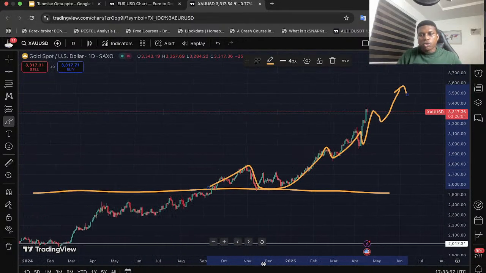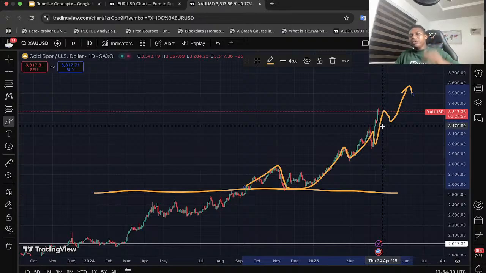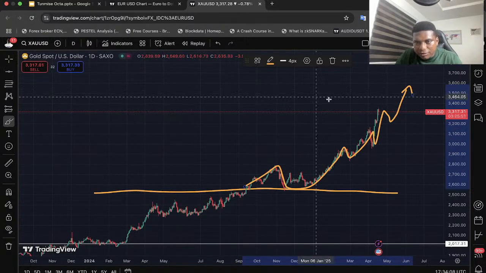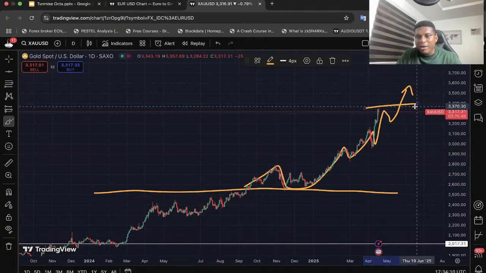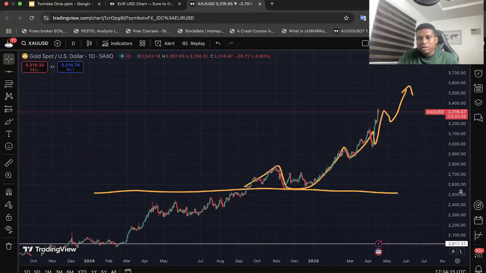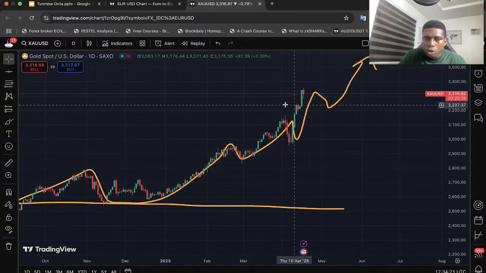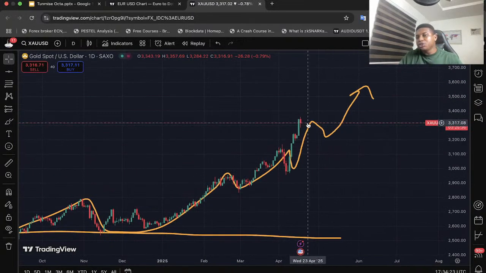Currently, if we are going to follow macroeconomics, we might consider gold attractive for a buy. However, it's highly volatile, and if you are not a huge investor, you might lose your money. So you want to be very vigilant when trading gold because it is highly volatile.